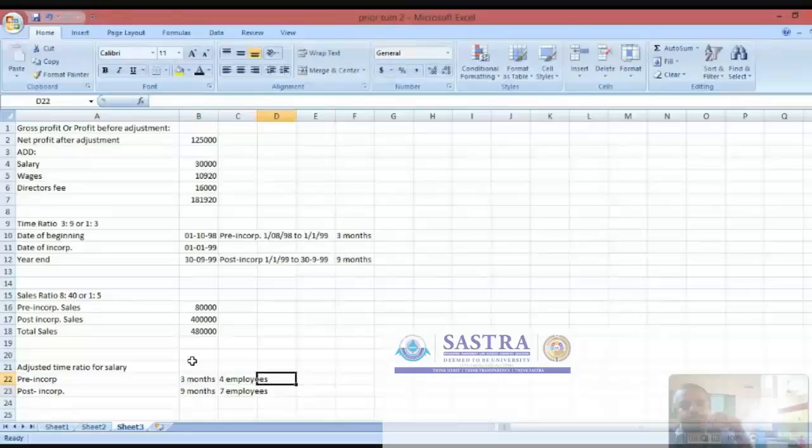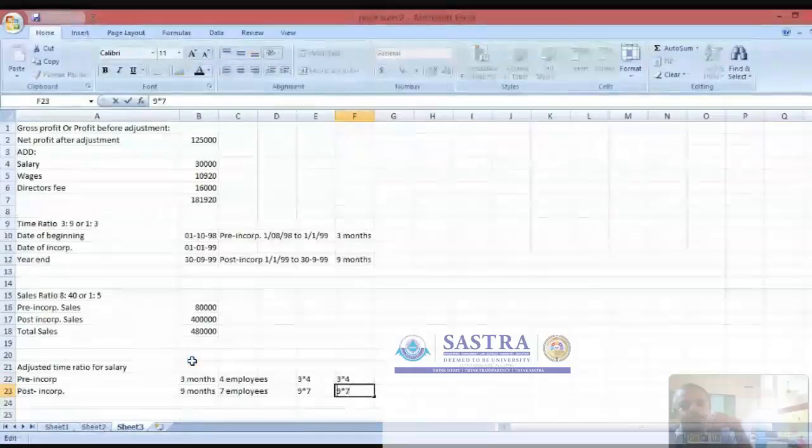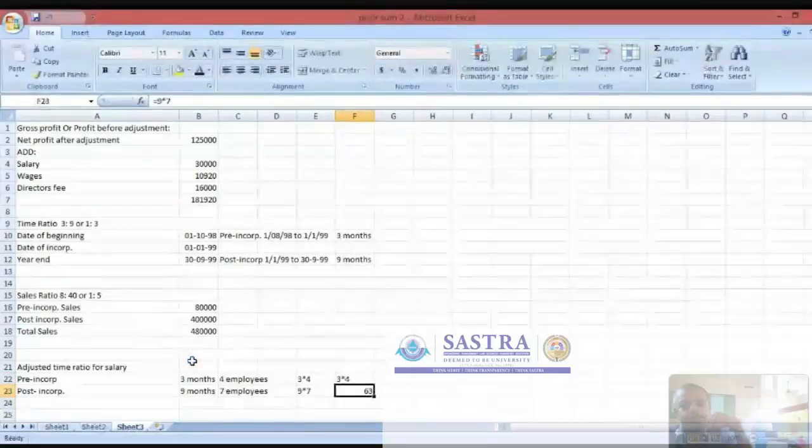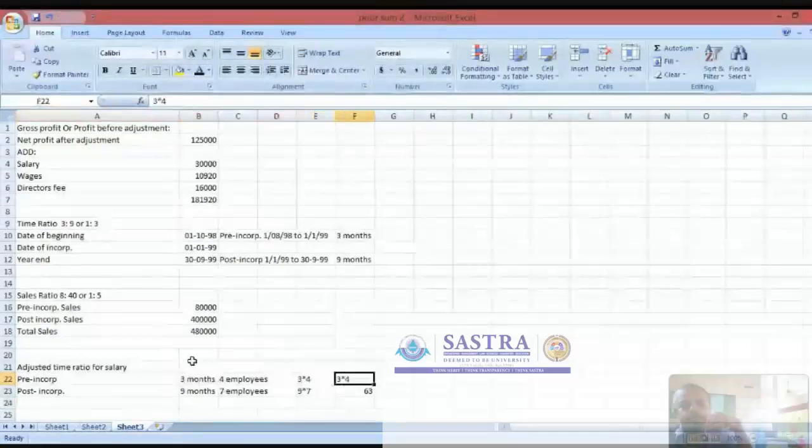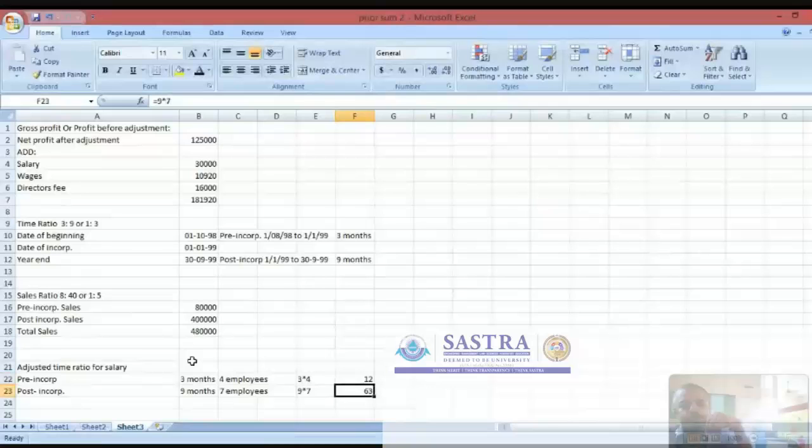So the ratio is going to be 3 into 4, 9 into 7. So what is the ratio?